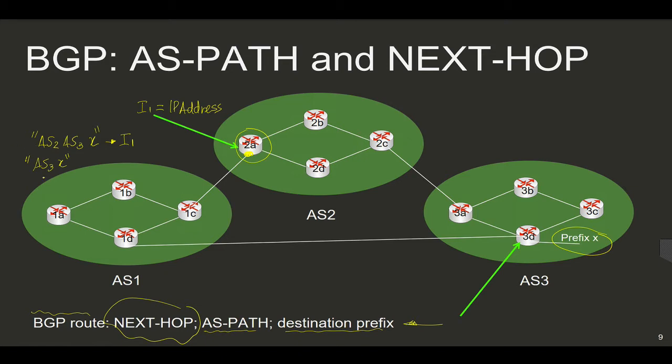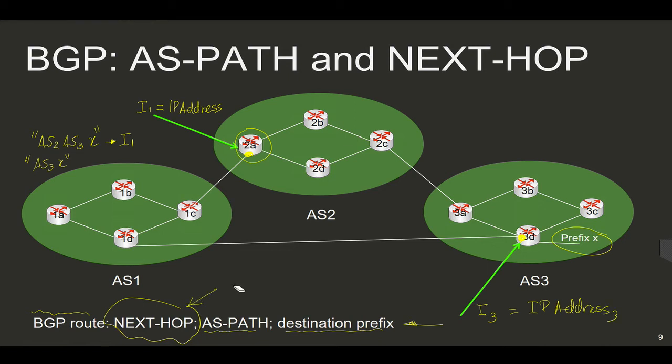In the case of the other advertisement where we are sending messages to prefix X using AS3, then the next hop is this interface right there. We can call this interface, let's say, 3 for router 3D, and it's also going to have a different IP address, so we'll call it IP address, let's say, 3.